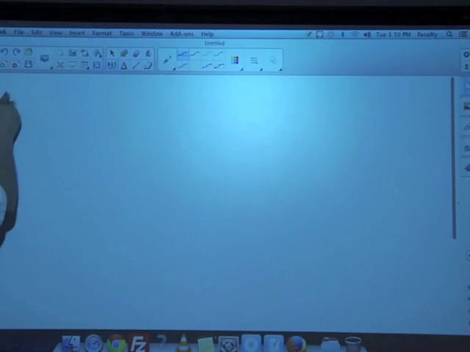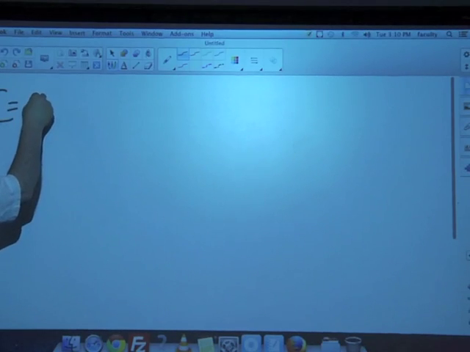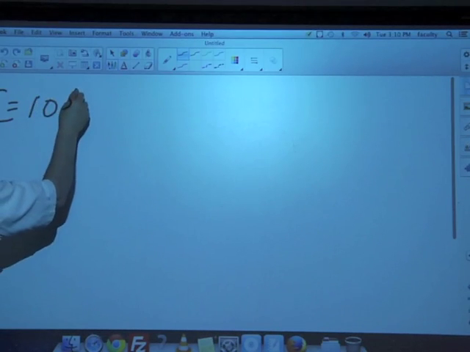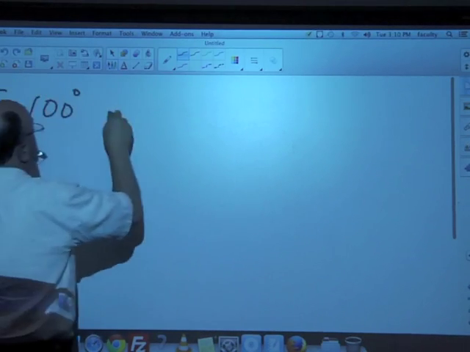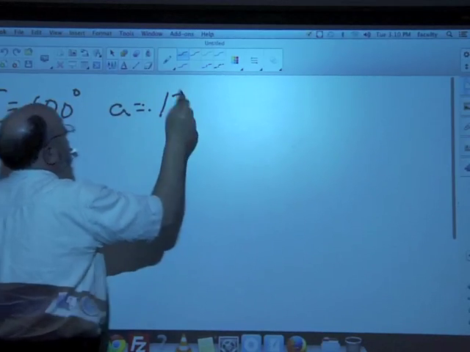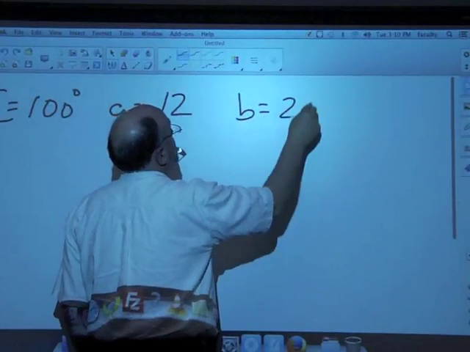Let's see. Angle C is 100 degrees. Side A is 12. Side B is 20.